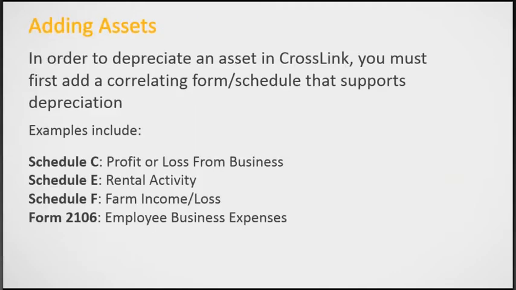In our program, in order to depreciate, you first must have a correlating form or schedule that supports the depreciation. For example, we're talking about the Schedule C, the Schedule E, the Schedule F, or the 2106. So what I'd like to do now is switch screens and show you in the program how depreciation works.